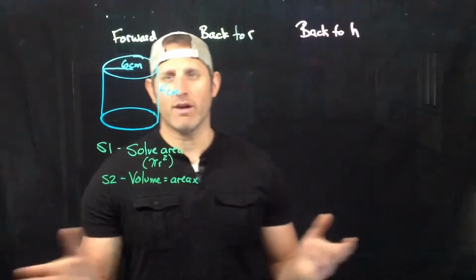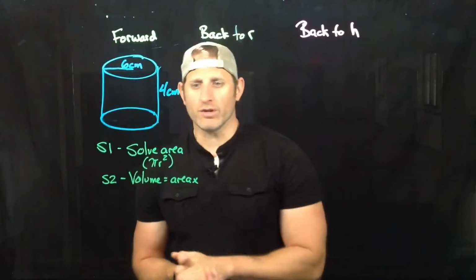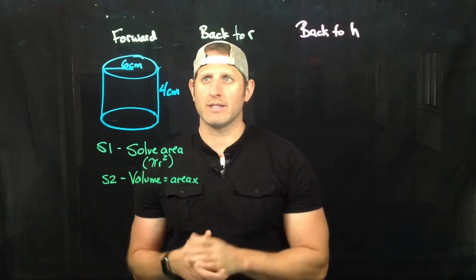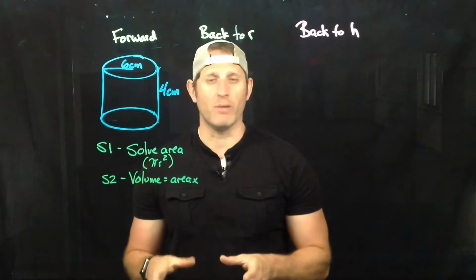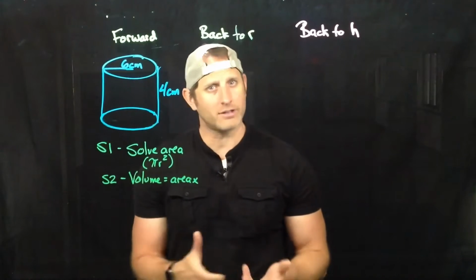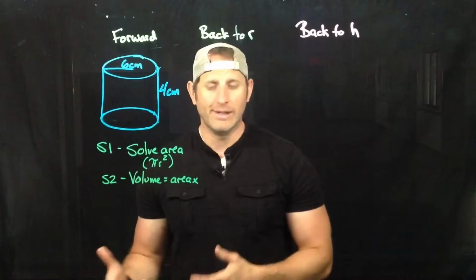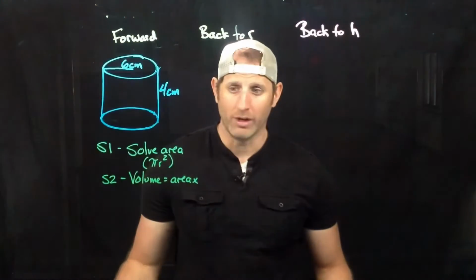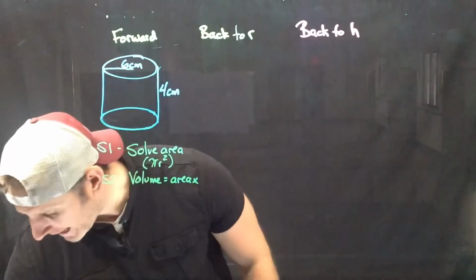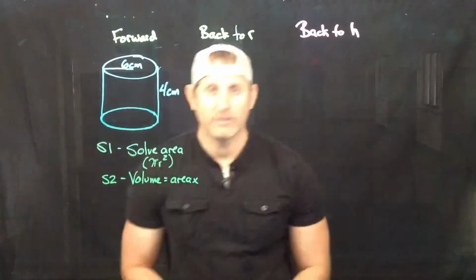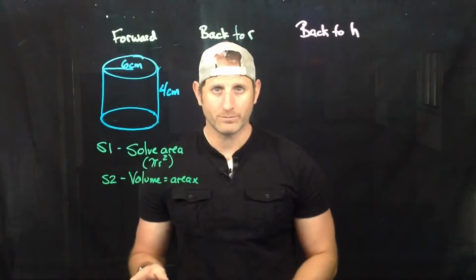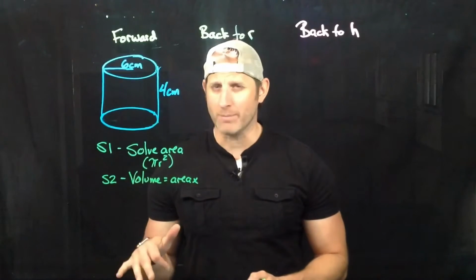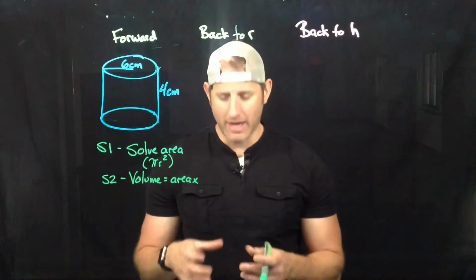So let's get started. First things first, what we need to understand is the formula for volume. Everything is going to start from there, and it's going to be referred back to. The formula for any volume is going to be the area of a base times the height. It doesn't matter what shape you're dealing with, you have the area of the base.